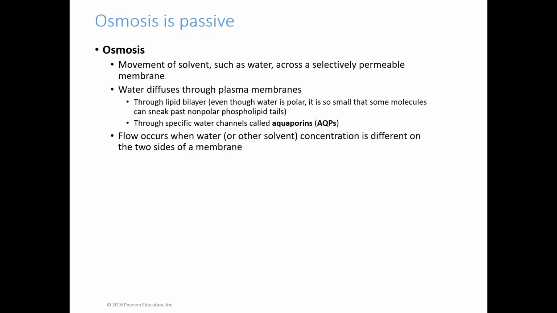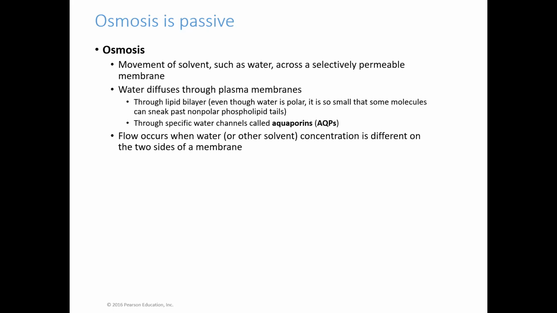If you have a cell sitting inside a beaker of fluid, and the concentration of the solution in the beaker is 10% sodium chloride, so it's 10% salt and 90% water, because 10 and 90 make 100%. So a 10% salt solution is 90% water.